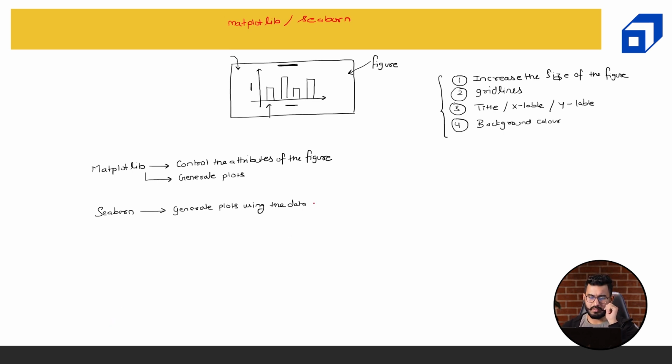Seaborn generates plots which are very clean, and it also provides so many functionalities that you can add more varieties to your plot. Generating a plot using Seaborn is much easier than Matplotlib.